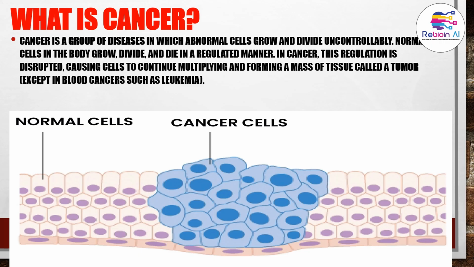Cancer cells also have the ability to invade nearby tissue and spread to other parts of the body through the blood or lymphatic system. This process is called metastasis, and it is one of the main reasons cancer becomes life threatening.